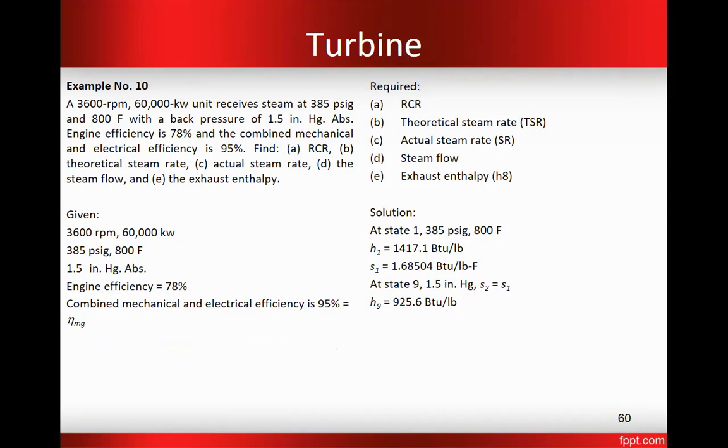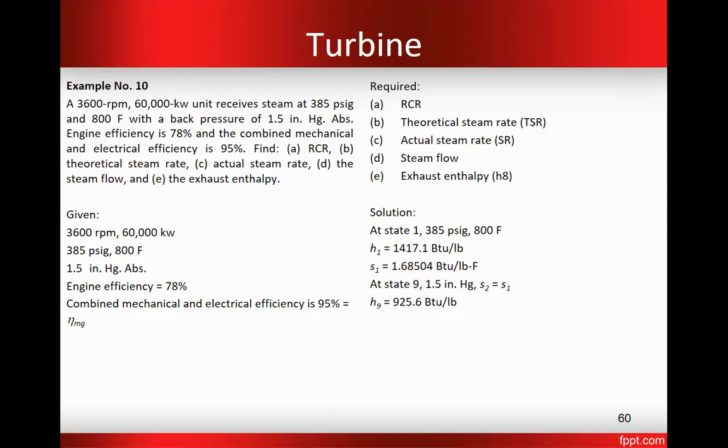A, find the RCR. B, theoretical steam rate. C, actual steam rate. D, the steam flow. And E, the exhaust enthalpy. So, ang mga required dyan sa performance ng turbine. Okay? Alam mo yun, kasi yung exhaust enthalpy, kailangan mo yun kasi isusupply mo rin yan sa condenser o sa ibang equipment.